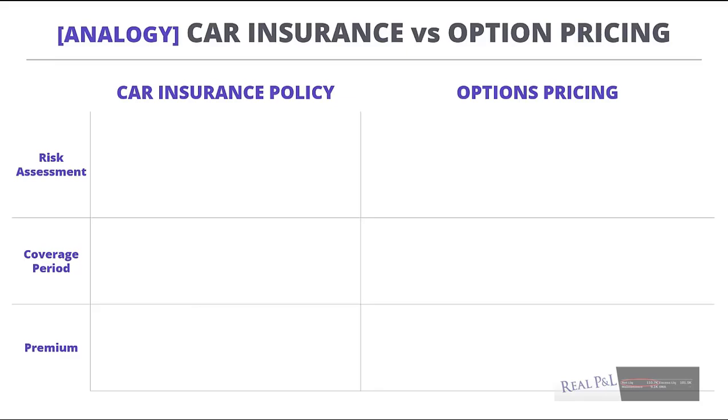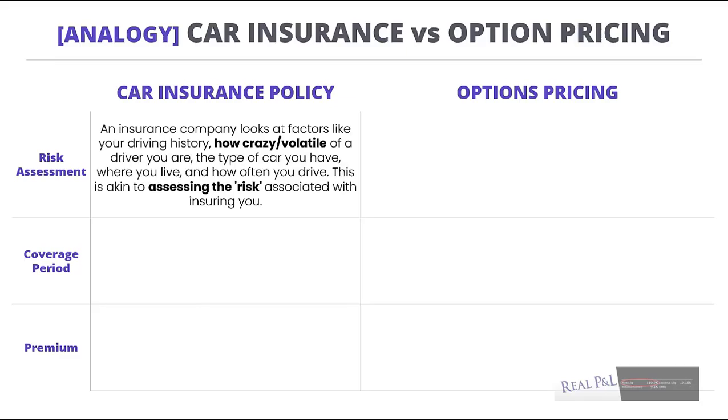So here's the analogy continued. Risk management, so car insurance policy. An insurance company looks at factors like your driving history, so how crazy and volatile of a driver you are, the type of car you have, where you live, and how often you drive. And this is akin to assessing risk associated with insuring you.